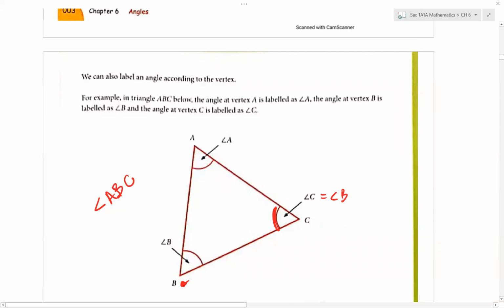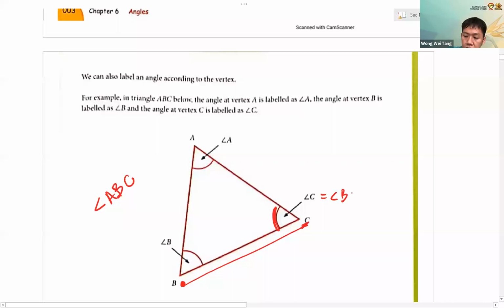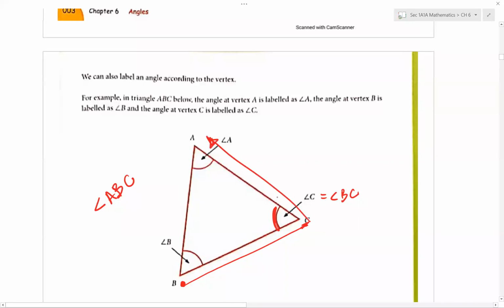If we go to A, then it's over here, right? That's not where we want to go. Where do we want to go? C. Okay, let's go to point C. And then A, one more point, A. Okay, so this is an alternative name for angle C.